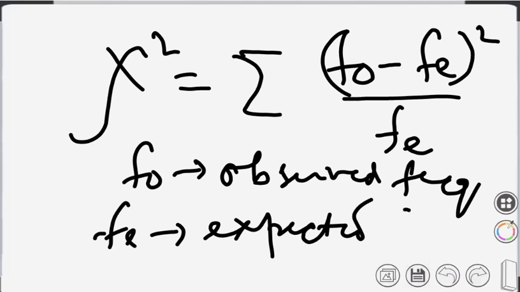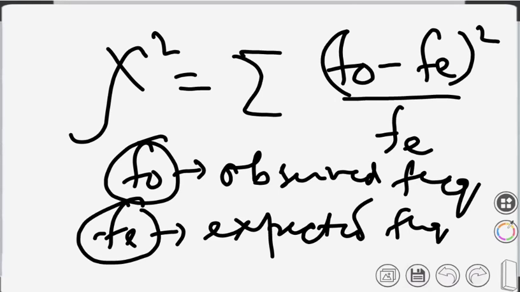Our job is to find out the FE. FO is already given, the observed frequency that I have already given.